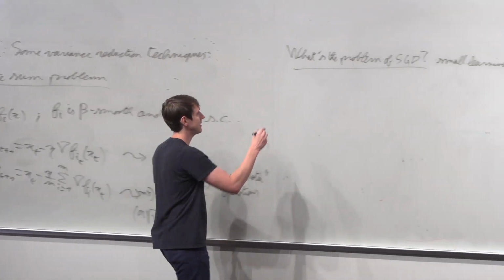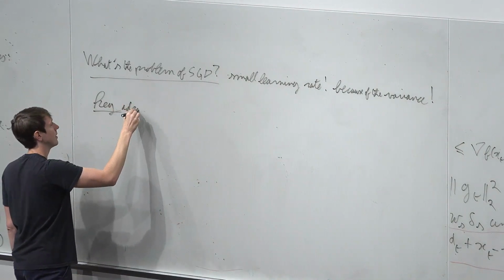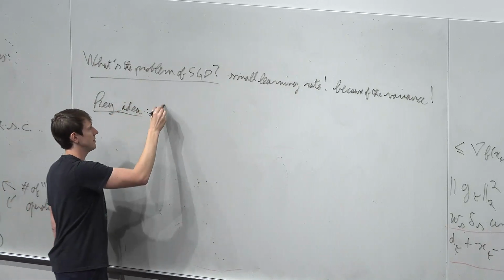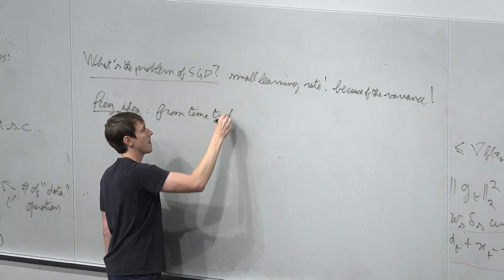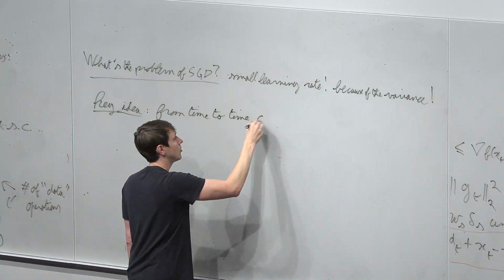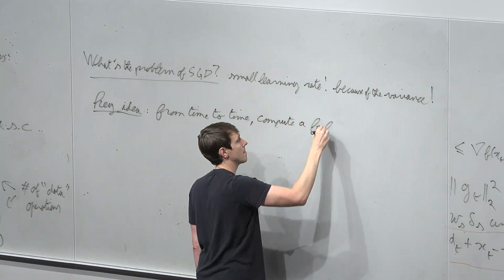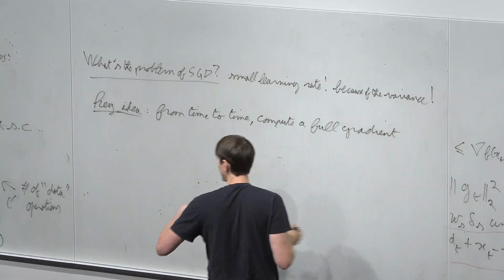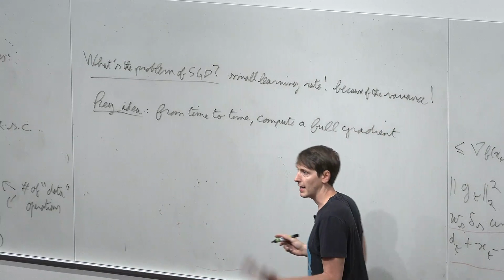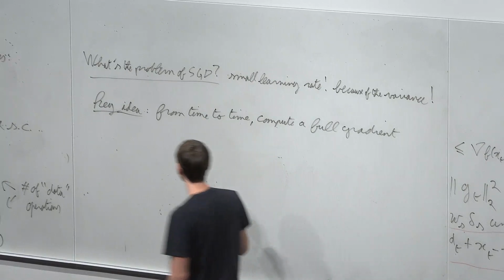Okay, so the key idea is, from time to time, compute a full gradient. I mean, typically, certainly, every m time step, I can afford to recompute a full gradient. Now, what is the gradient that I want to do?